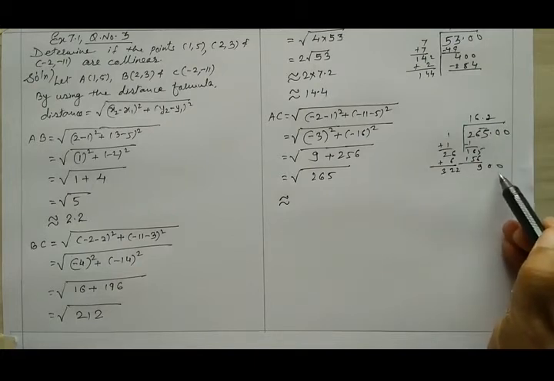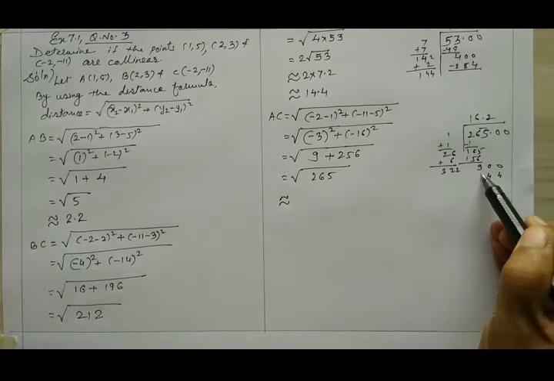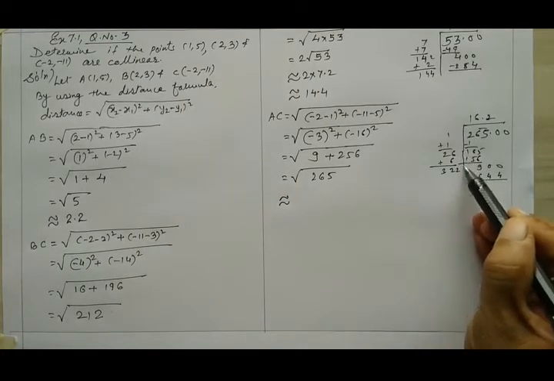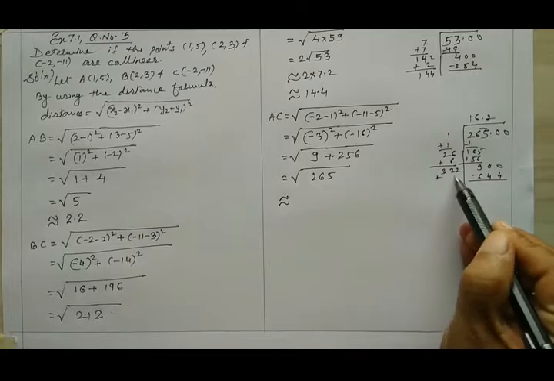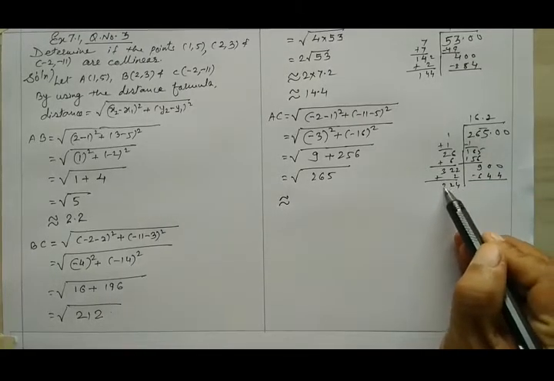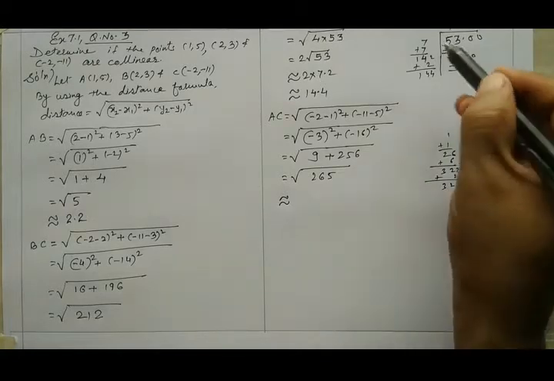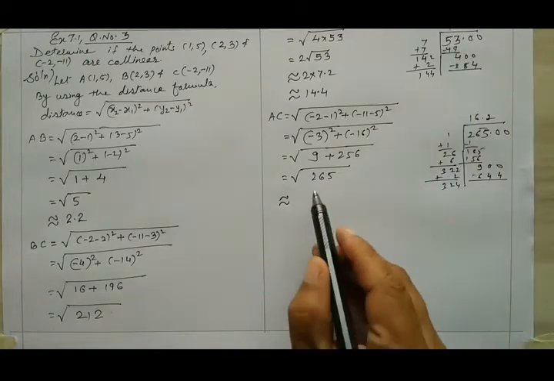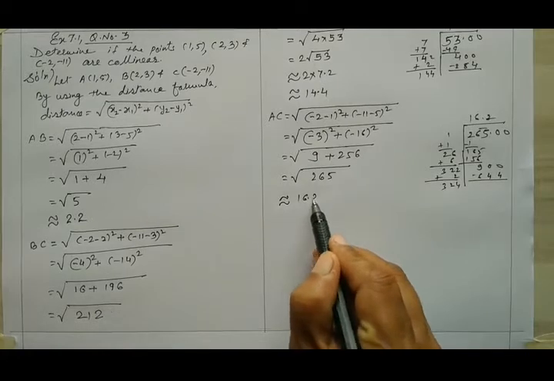It will be 2 2s are 4, 2 2s are 4 and 2 3s are 6. The remaining part is not important for us, it is not our target. This is our rough part. So it is approximately 16.2.